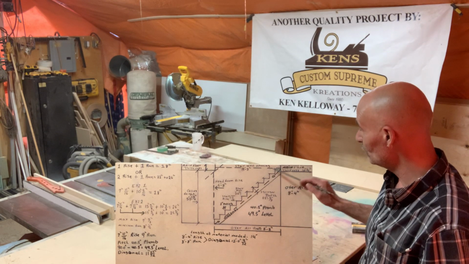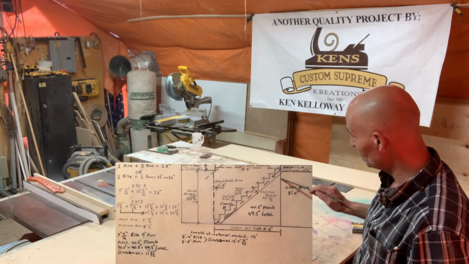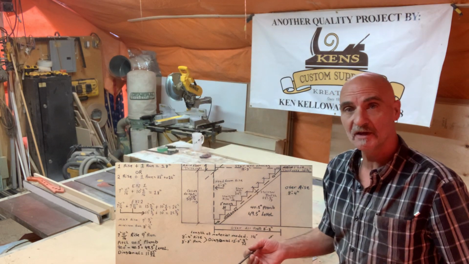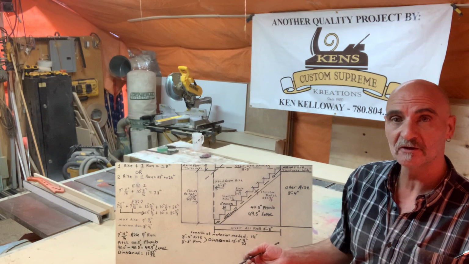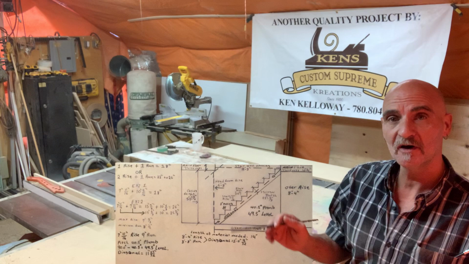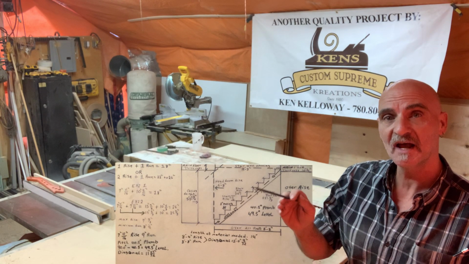So what I do is I take my 100 inches and I divide it by, on my construction calculator, I type in 100 inches and then I divide that by 7 1/2 inches.